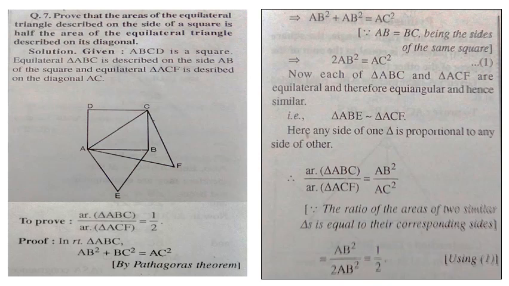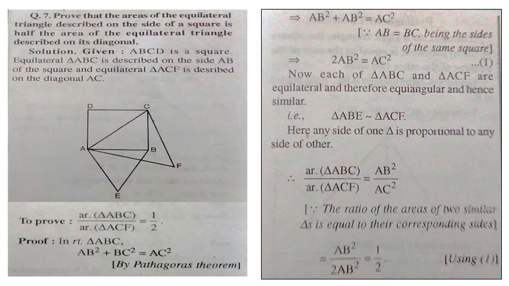So here we have ABE and ACF are two equilateral triangles. One is on the side, one is on the diagonal. To prove area of triangle ABE divided by area of triangle ACF is equal to 1 by 2. That is, the ratio between these two triangles is equal to 1 by 2.